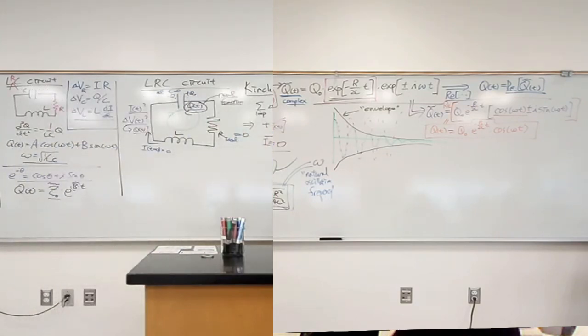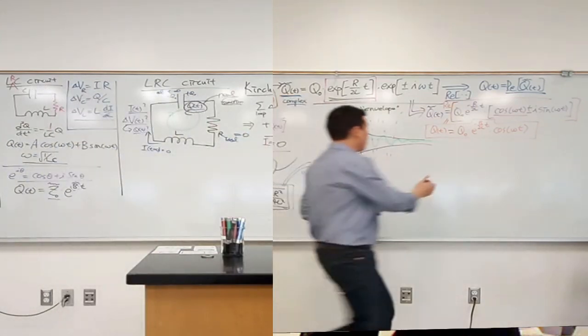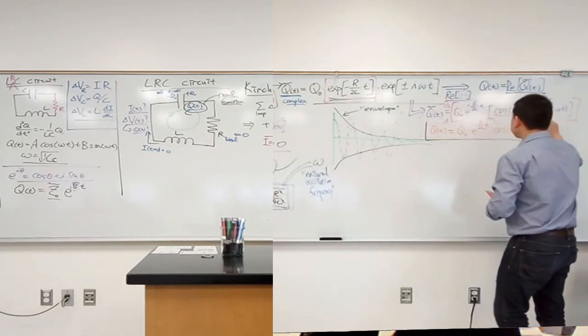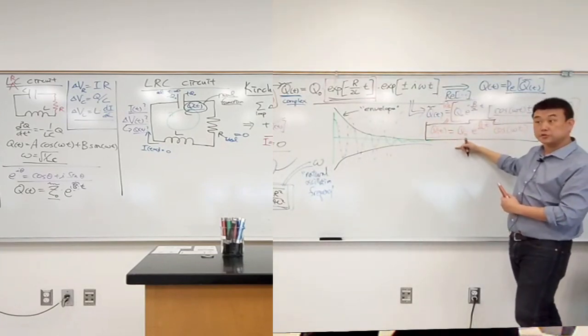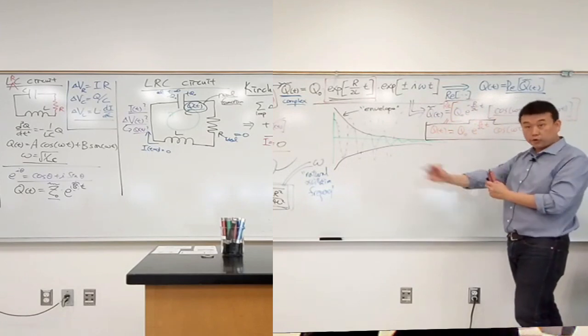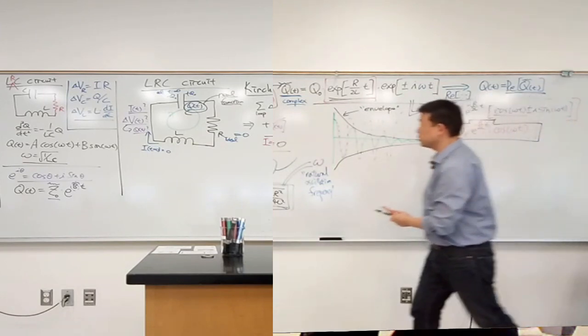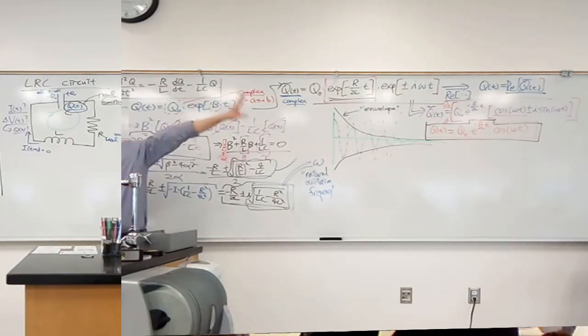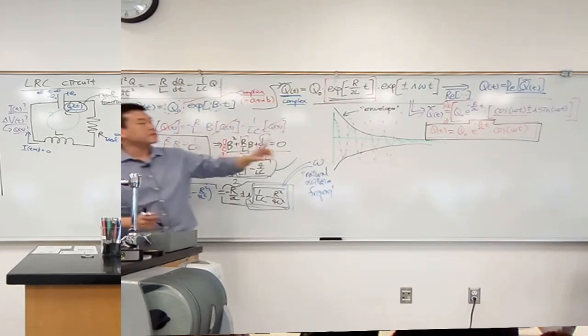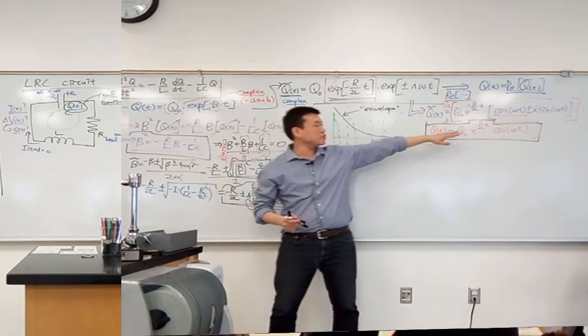If you use this real function as your guess for the solution, it will satisfy all the conditions. You plug this into this differential equation, you should see that it all works out, I think. Well, it works out in at least one sense. It works out to give you the correct initial charge.